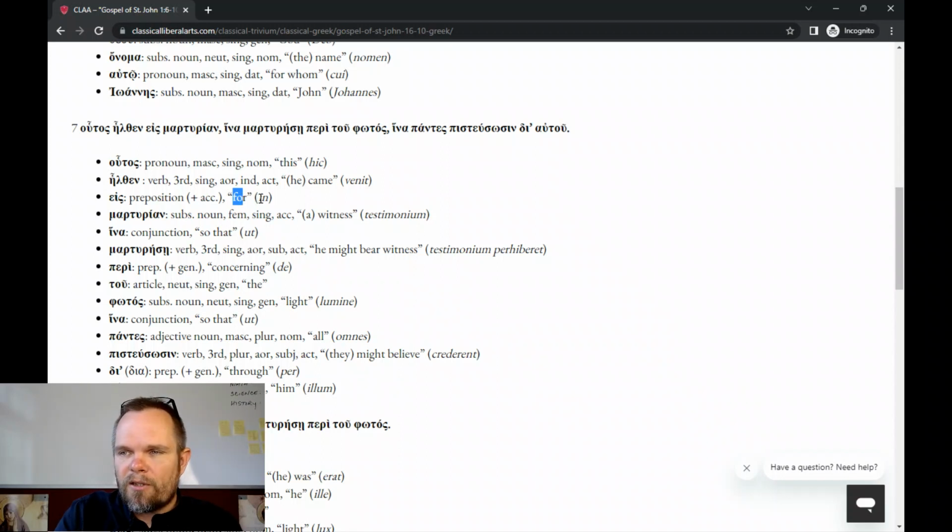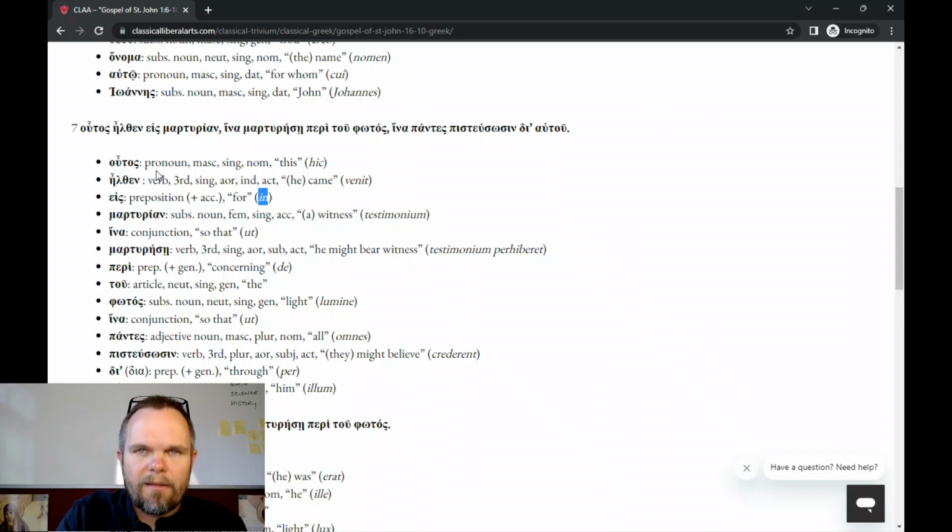You see that St. Jerome translated it with the preposition in, which doesn't help much because in Latin, in can have many different meanings as well. So marturian is in the accusative case because it's the object of that preposition. So eis marturian, we translate this as for a witness or for a testimony.